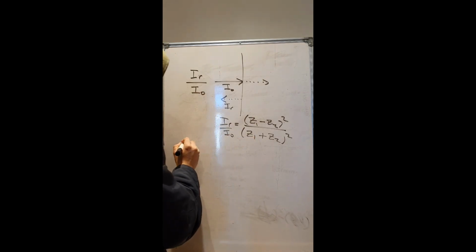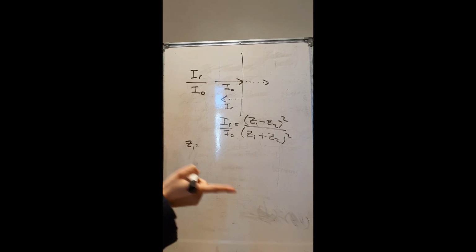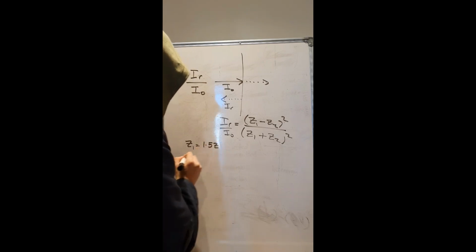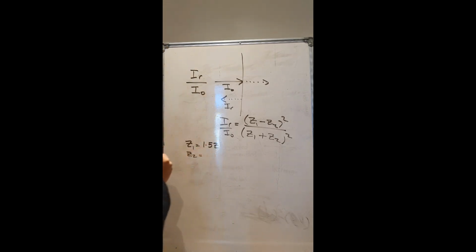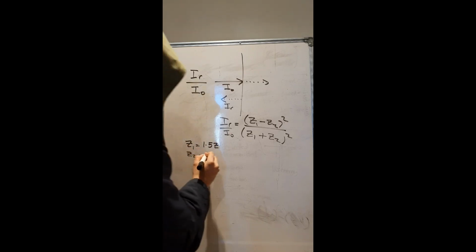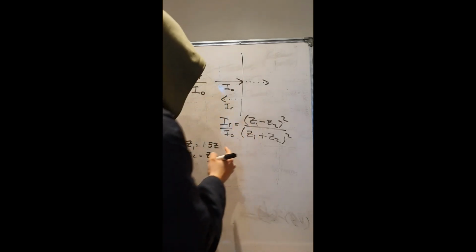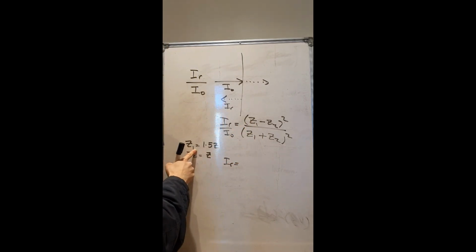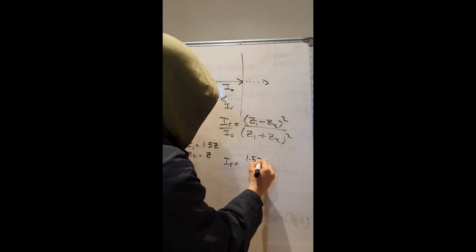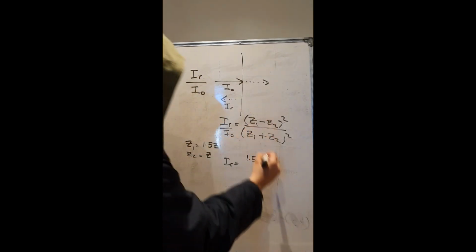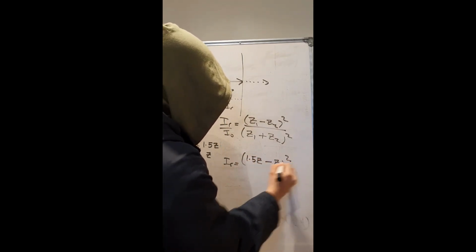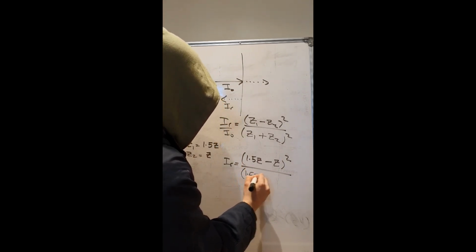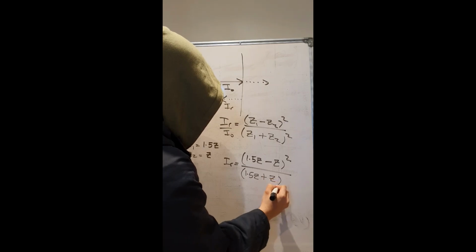And in the question, you're given that Z1, which is material X, is 1.5 Z, and the second material, which is material Y, is just Z. So you just substitute that in. So IR over I naught is equal to 1.5 Z minus Z, all squared, divided by, and then you just add them up, 1.5 Z plus Z, all squared.